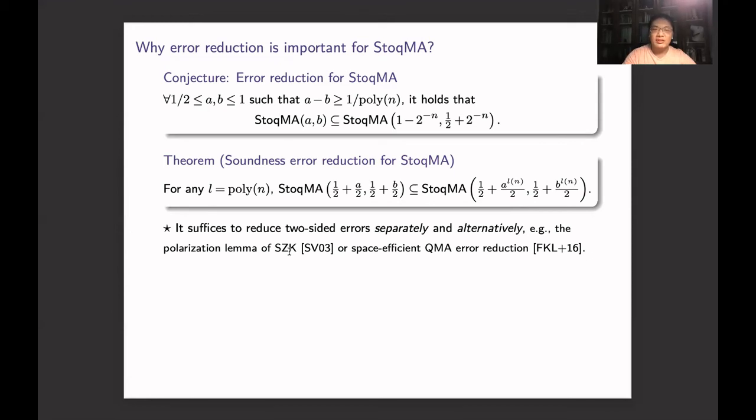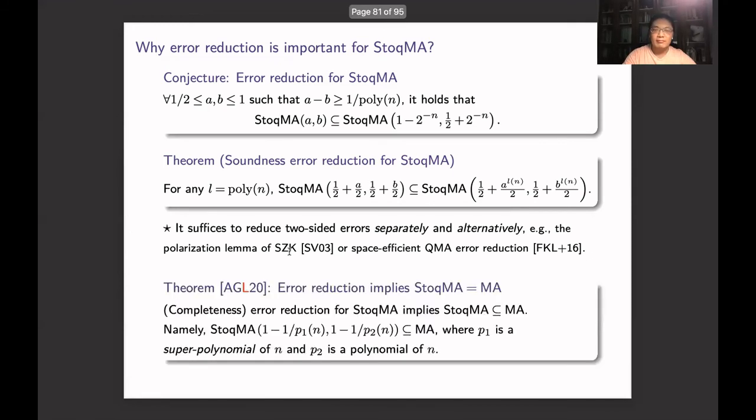So could we do this completeness error reduction? First, we don't know how to do it, and by another result of mine joint with Aharonov and Grilo, we know that if you can do the error reduction regarding the completeness, then it implies that StoqMA is contained in MA.